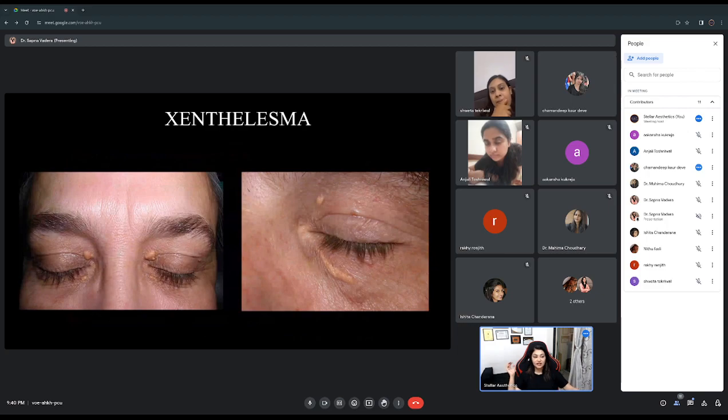Okay. The next concern. Xanthelasma. Can you see this? Yellow color deposit, this. This is xanthelasma. What is xanthelasma? Can anyone tell me? It would be mostly yellow orangish in color.